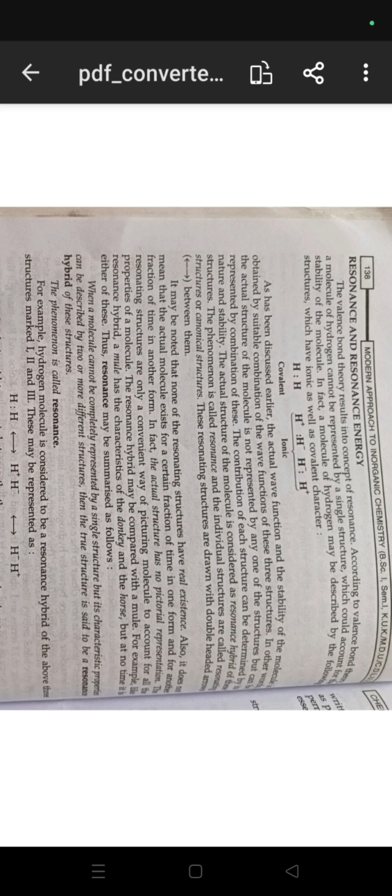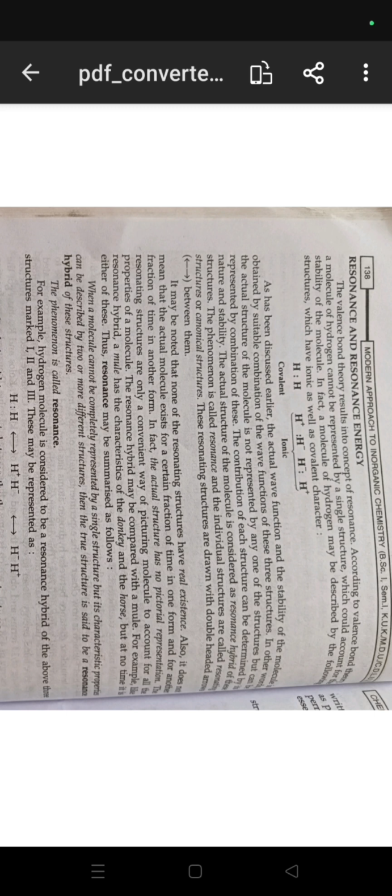In other words, the actual structure of the molecule is not represented by one of the structures but by a combination of these. The contribution of each structure is determined by its nature and stability. The actual structure of the molecule is considered a resonance hybrid of these structures.